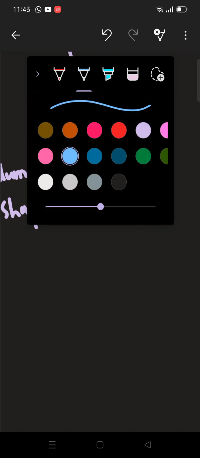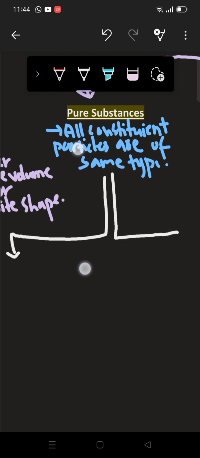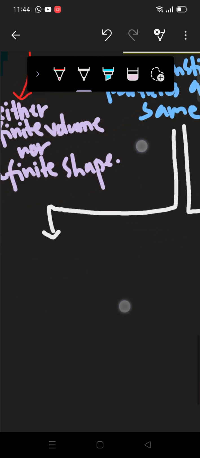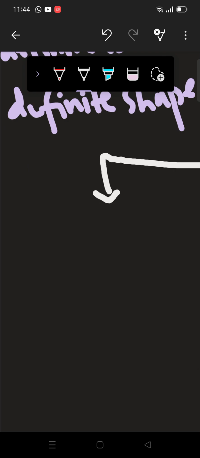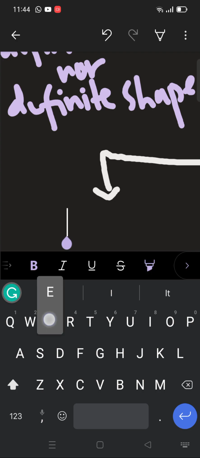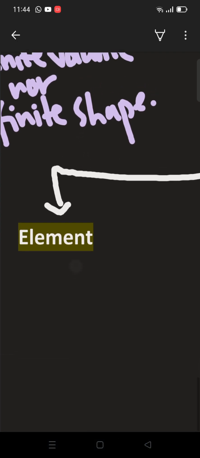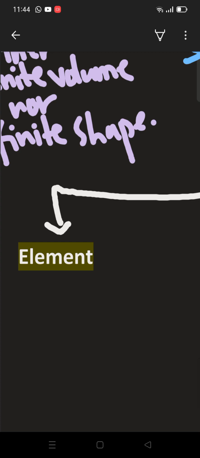Then again, pure substances are subdivided into 2 categories. Basically the first one is element, and we have already discussed that. We won't be going into it again. Since an element has the same constituent particles, those are atoms, but those atoms are not chemically bonded.